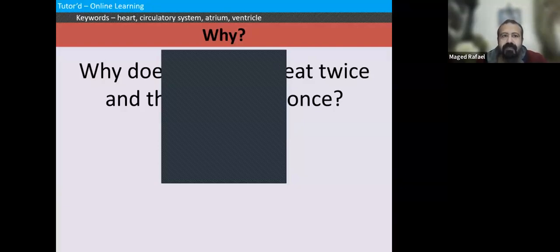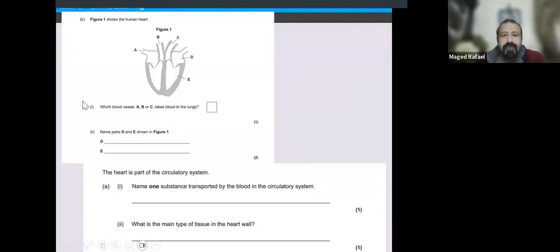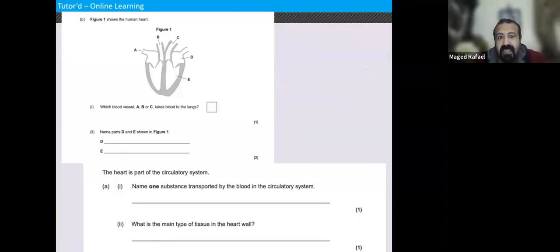So that's perfect. Let's go through the exam questions, guys, which is the last part of the session. If we finish this from the PowerPoint presentation, I will share with you some exam questions from another sheet, but let me check with you those questions. Which blood vessel, A, B, or C, takes blood to the lungs?